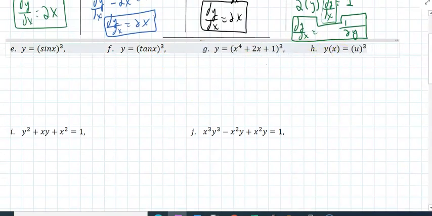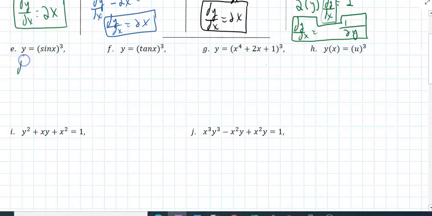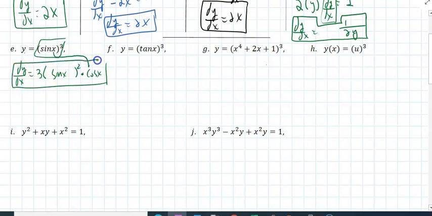If I was looking at taking a derivative with respect to x, d dx of y, that's dy dx, with respect to x, I would bring the power down, subtract 1 from the power, times the derivative of the insidemost function, which is a cosine of x. Done.